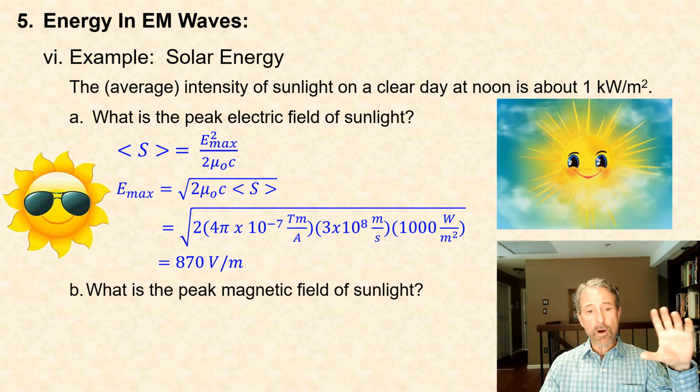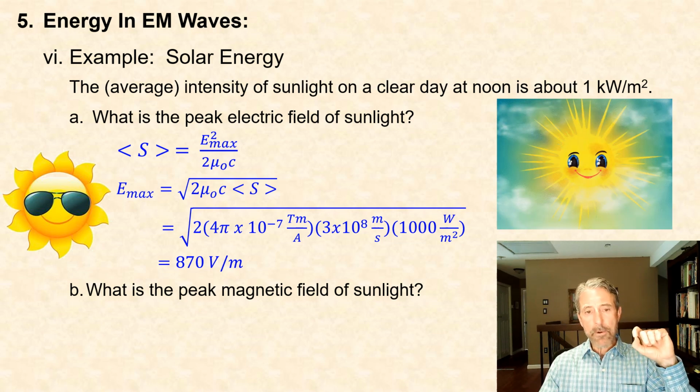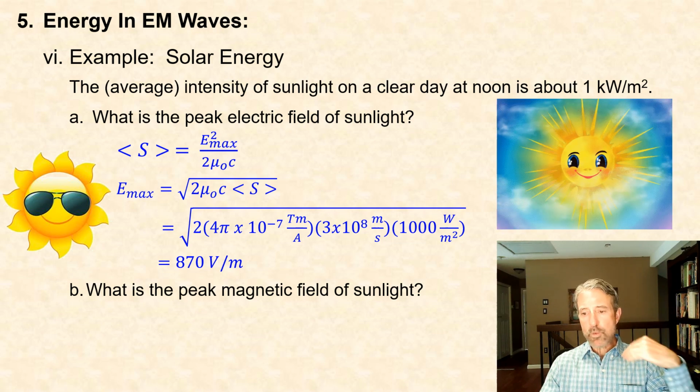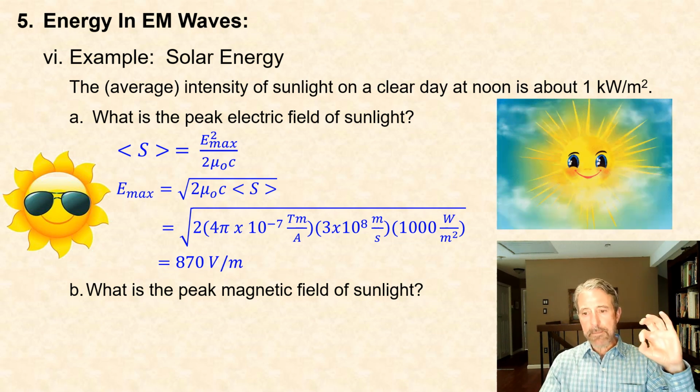In the second part of the problem, we're asked to find the peak magnetic field of sunlight. Well, remember that for any electromagnetic wave, the electric field and the magnetic field are always in phase with each other, which means that their maxes and mins, their peak values, happen at the same point in space at the same time.